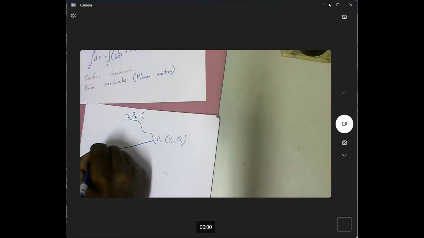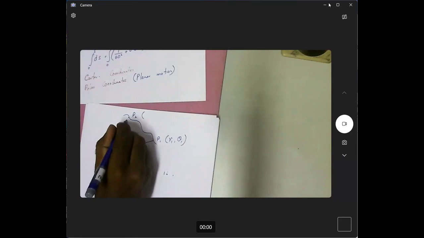So r1, theta 1. Right? And the other point will be r2, theta 2.